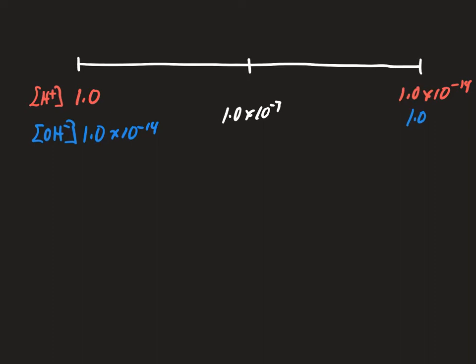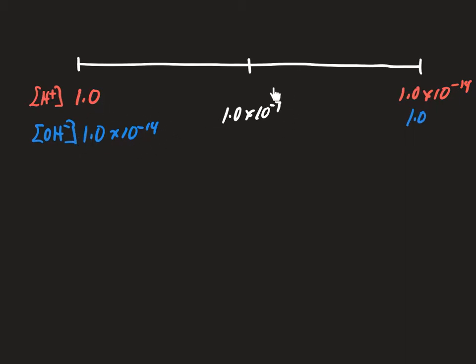So if we look at the normally useful ranges for the concentrations of hydrogen ions and hydroxide ions in solution, remembering that they're connected by an equilibrium, the common concentrations are from about 1 molar hydrogen ions down to 1 times 10 to the minus 14 molar hydrogen ions, or 1 molar hydroxide ions down to 1 times 10 to the minus 14th molar hydroxide ions, right?